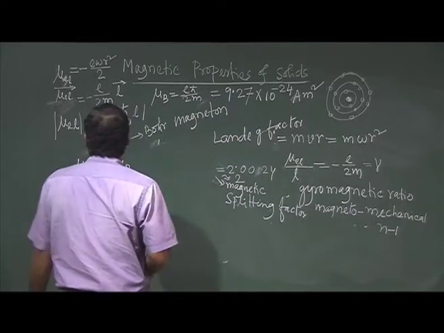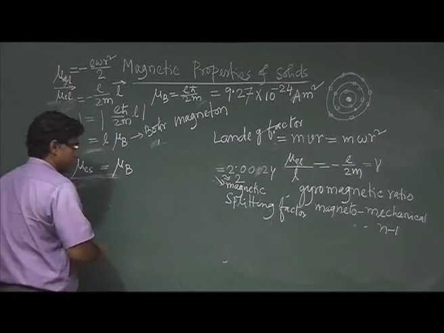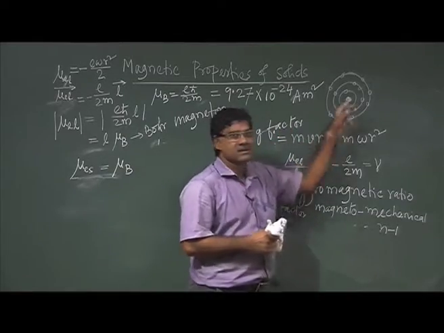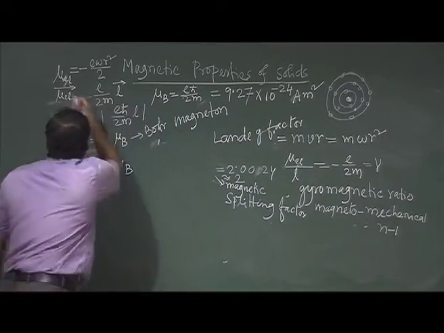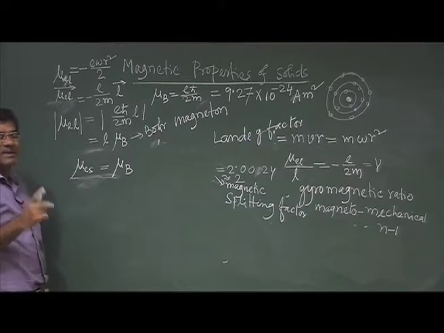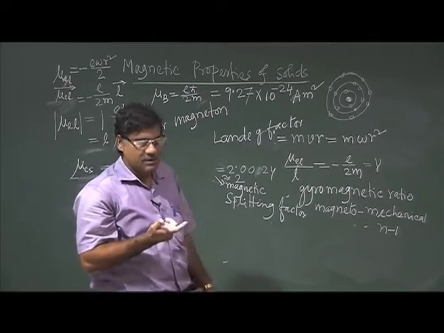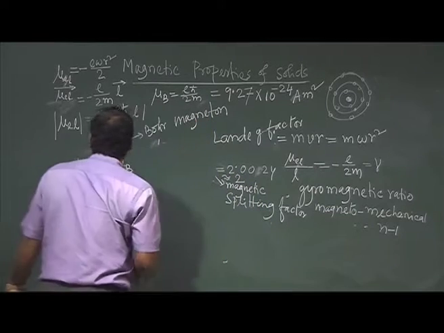So, the third contribution comes from the nucleus, the nuclear spin. In a similar way, the nuclear spinning motion comes in.